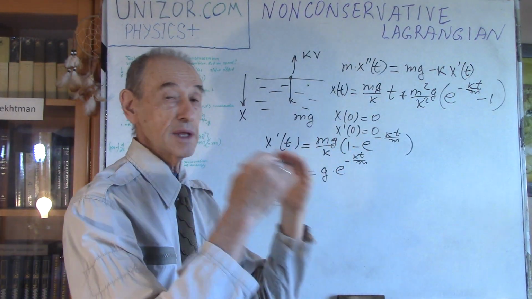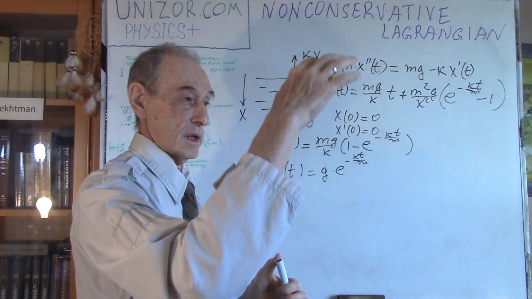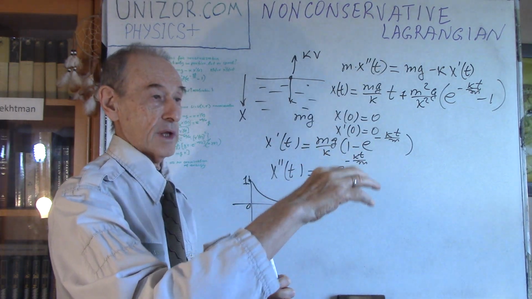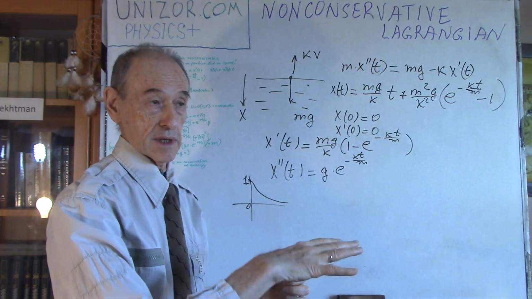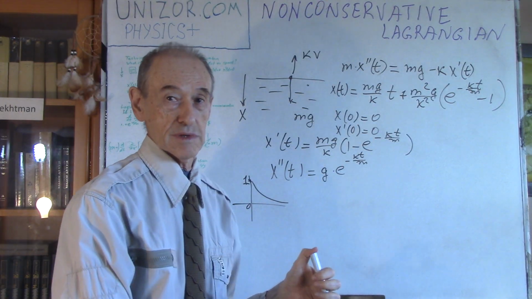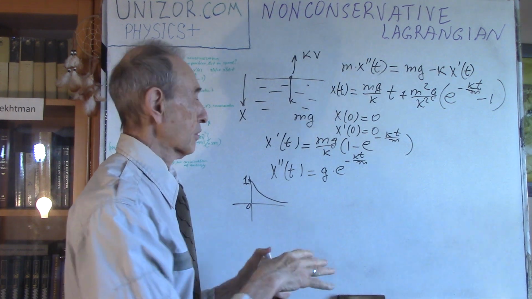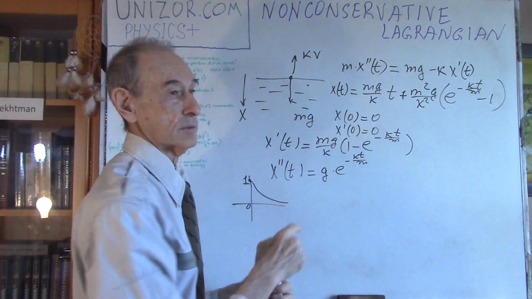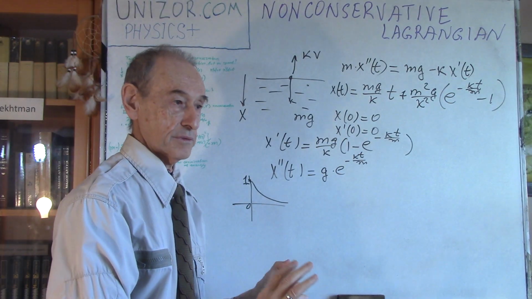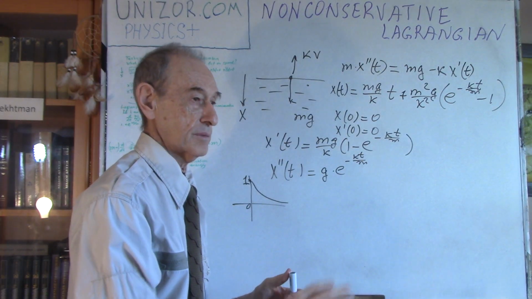So this is the limit speed. Eventually, as the stone goes down in the water, it goes faster and faster. However, it's not an infinite increase of the speed. The speed will increase up to this limit, not reaching it. So it will be faster and faster, but still.